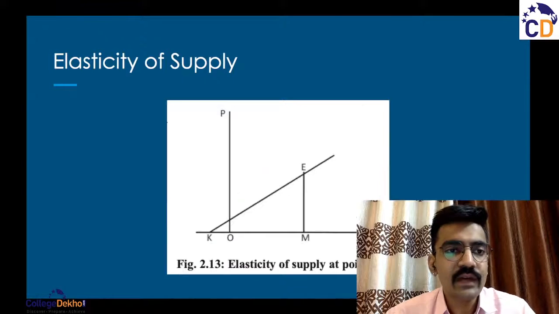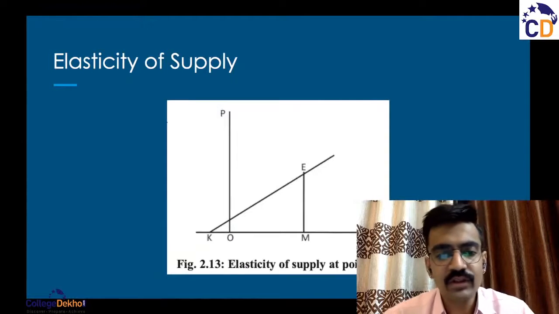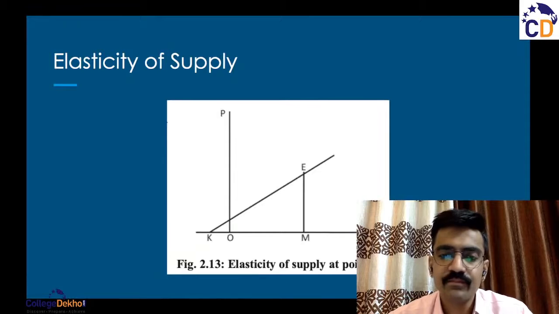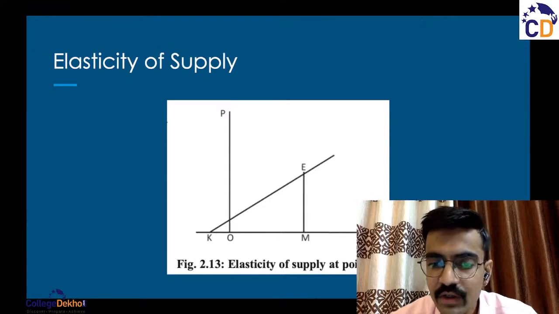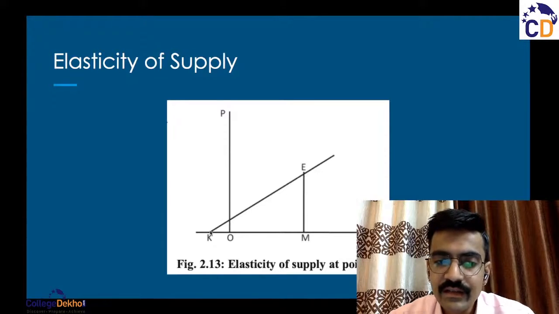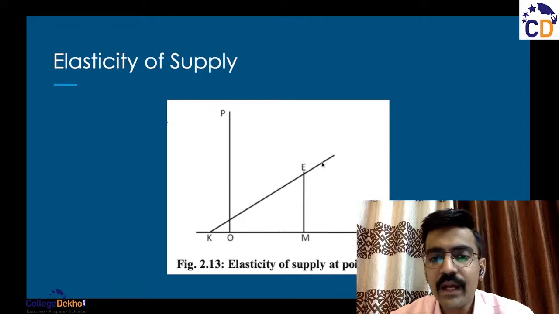Now, let us look at the graph or the supply curve of a particular commodity that exists in a business. Right? So this is the y-axis, which shows the price of a commodity. This is the x-axis, which shows the quantity of a commodity, and then this is the supply curve. All right.